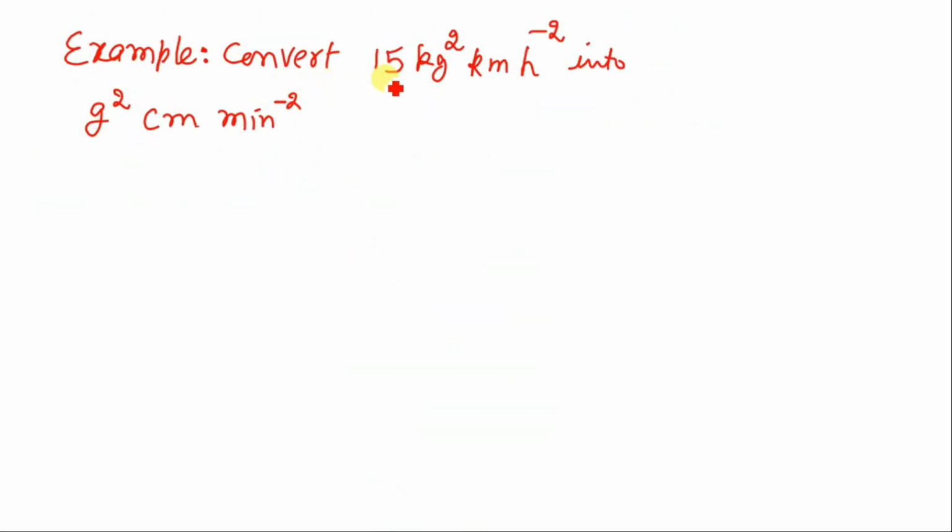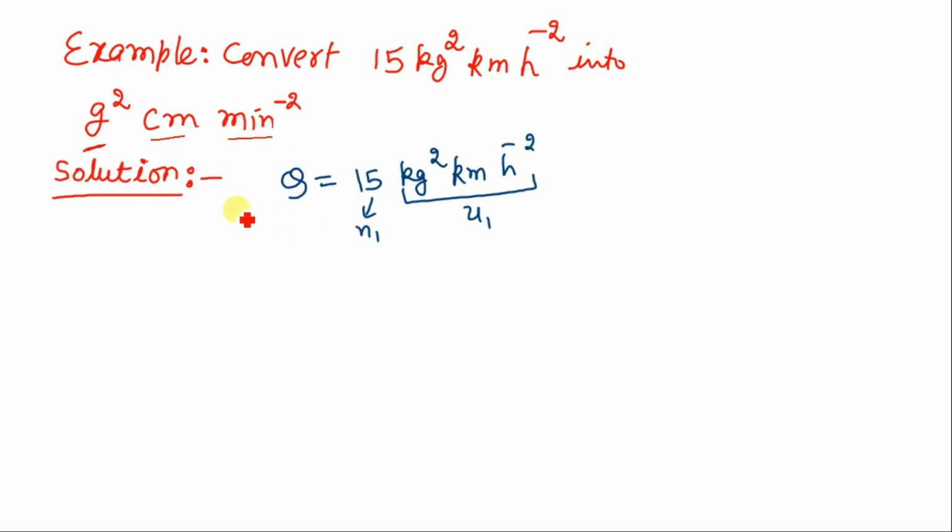So we are asked to convert 15 kilogram square kilometer per square hour of a quantity into the units in which mass is measured in grams, length in centimeters, and time in minutes. So this is given to us that the quantity Q is 15 kilogram square kilometer per squared hour.